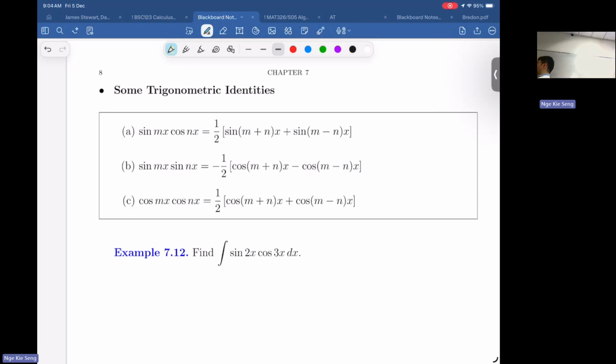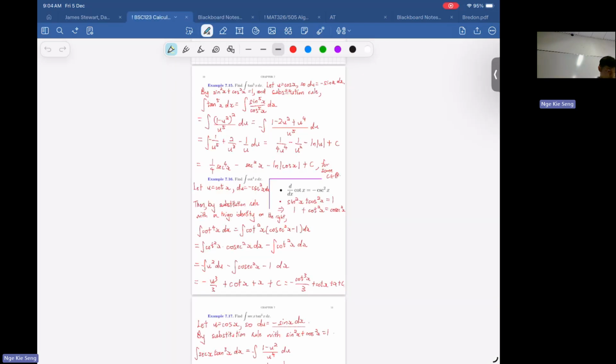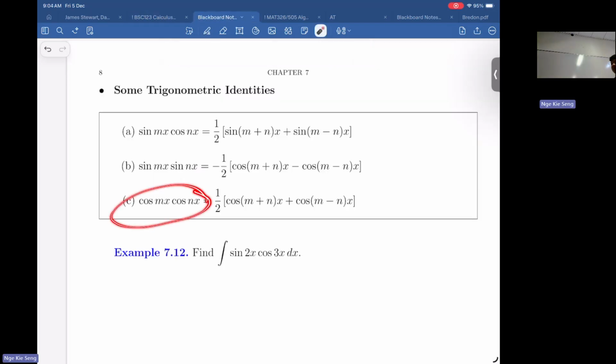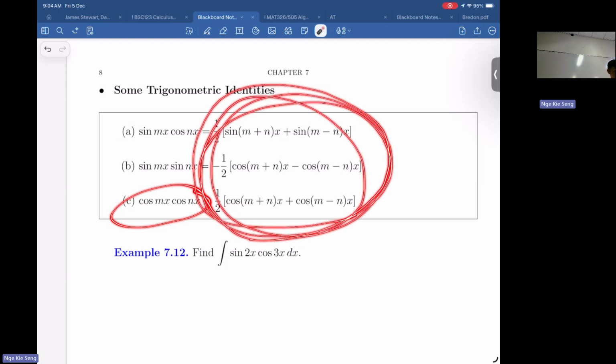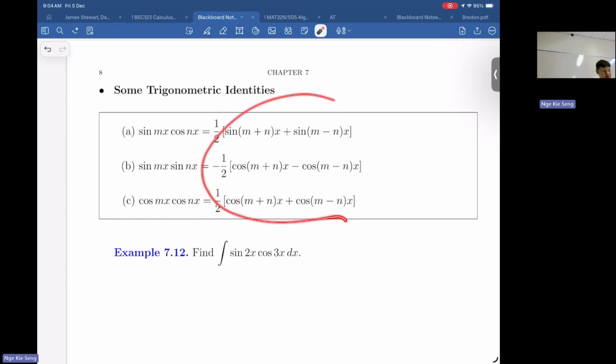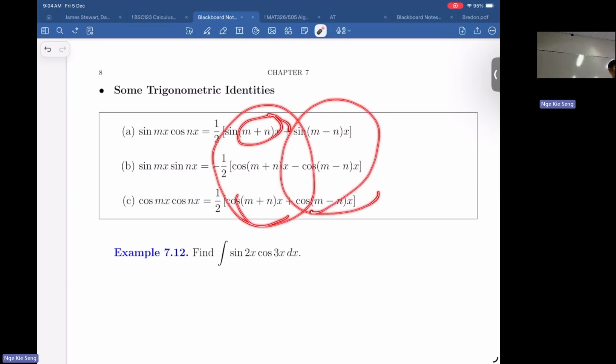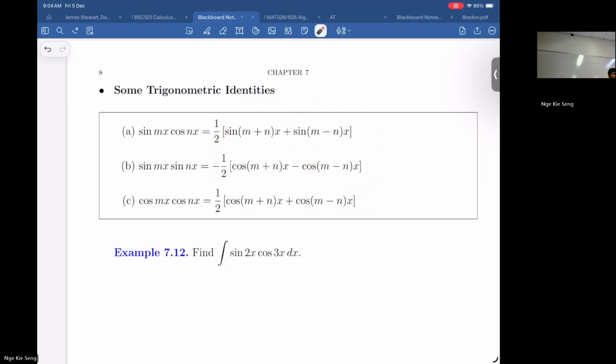If you are multiplying sine and cos in different periods, or sine and sine in different periods, for example part B or part C where you take the product of cos in different periods, then we can write it solely as a sum of sine or cosine, because we know how to integrate sine and cosine with different periods, just using substitution.